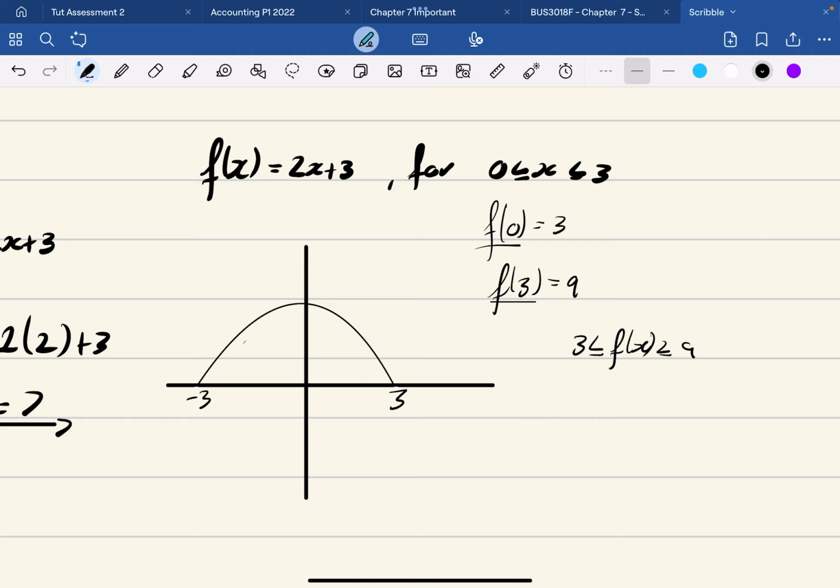Because these are our x values. The x values are the domain. So to find the range, here you wouldn't plug in -3 and 3 because these are going to be the same values, right? To get the range of all the possible y values, this is the maximum and this is the minimum. So in this case we'd plug in f of 0 and f of 3, or f of 0 and f of -3, to get the range, because -3 and 3 will have the same value based on this graph. So you just need to draw the graph and then you get a bit of context about how to answer the question.